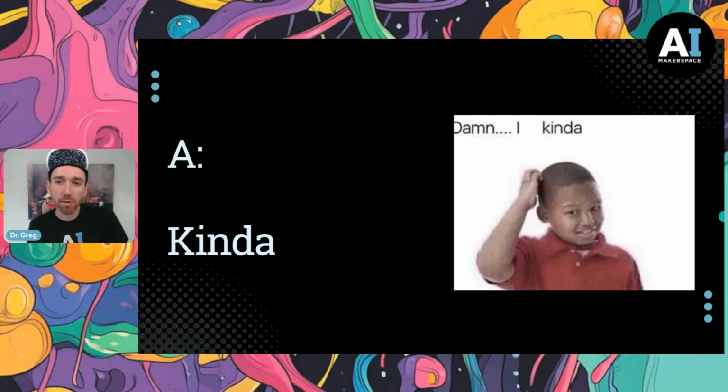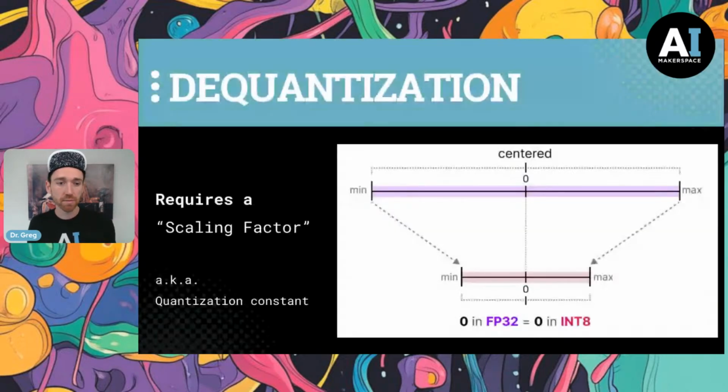This kind of going back, this is this idea of dequantization. And this dequantization of going back sort of up the precision scale, this is where this idea of a scaling factor or a quantization constant or quantization error comes into play.